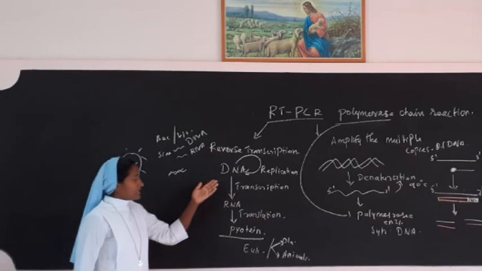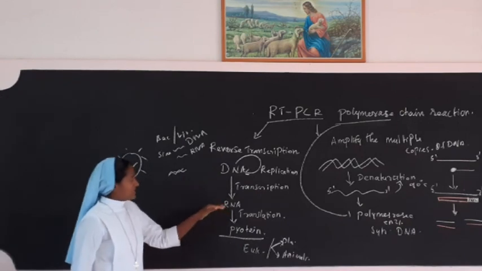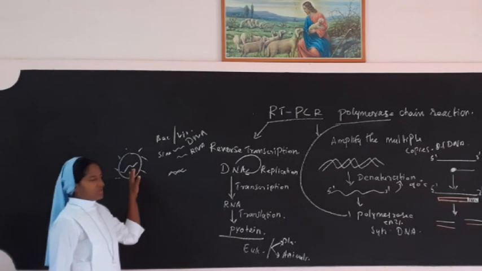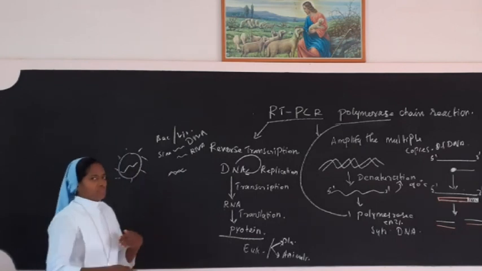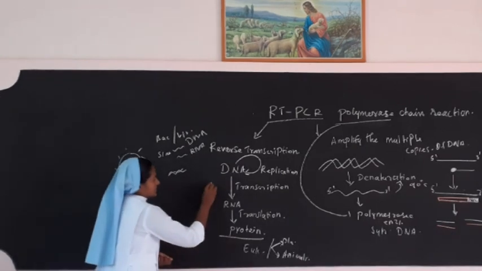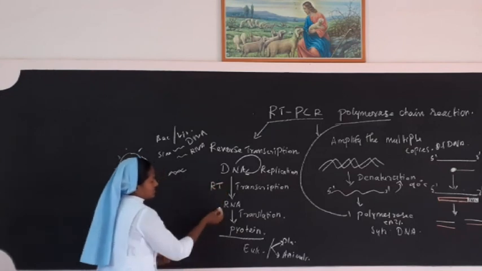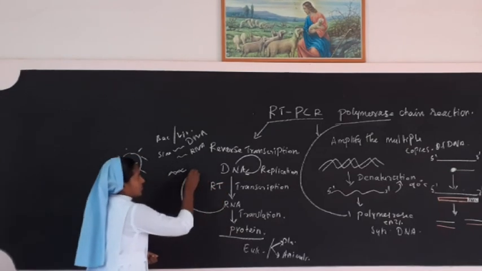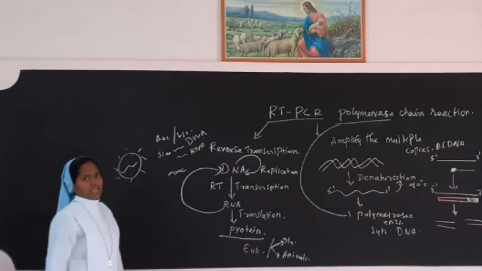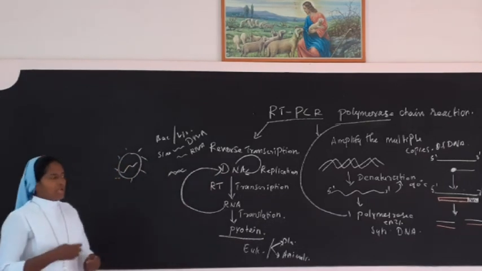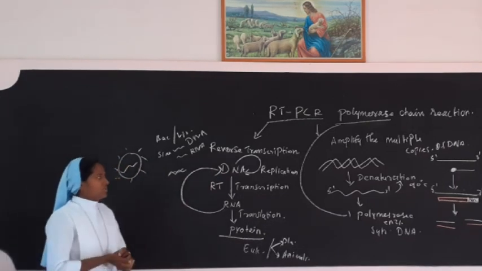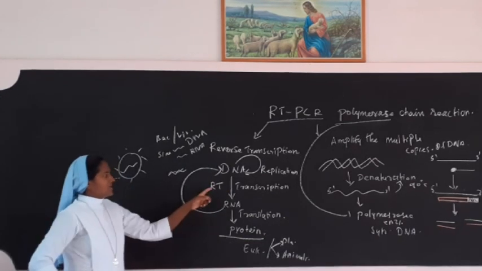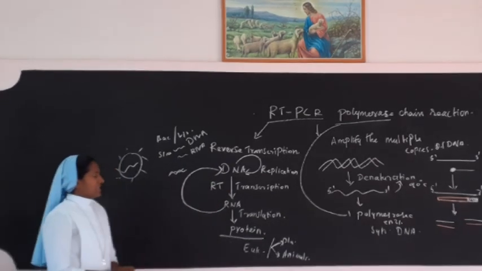Now, the RNA that is inside these viruses undergoes reverse transcription, RT, which means from this RNA, it goes back to DNA. Changing the RNA strand, converting it into DNA, means reverse transcription.